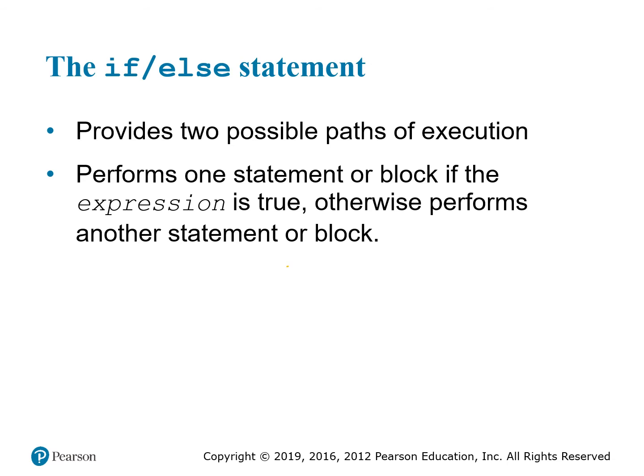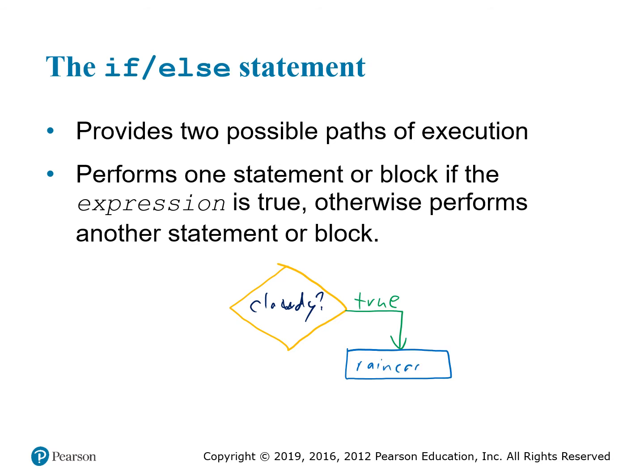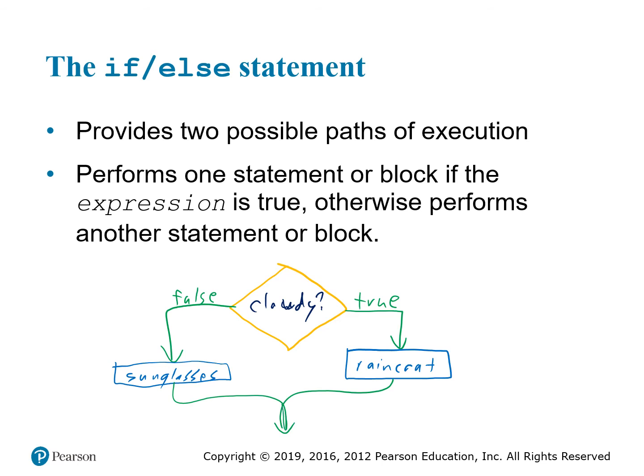So if we had our decision block here, in this case, true leads to one execution block, raincoat, false leads to another execution, sunglasses, and then they come back together into the main program flow after that.